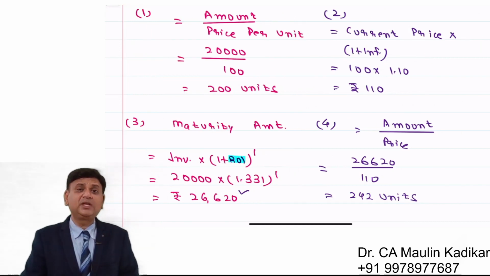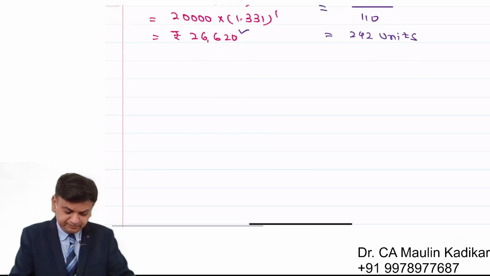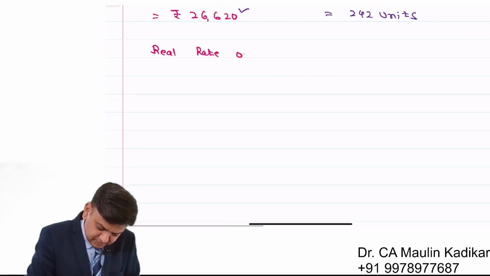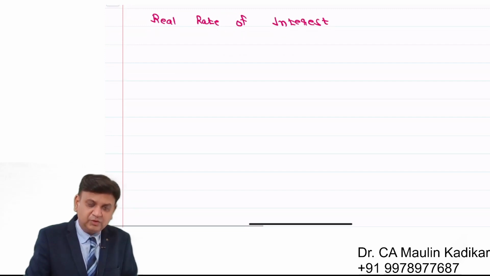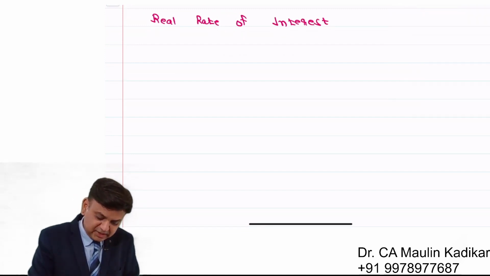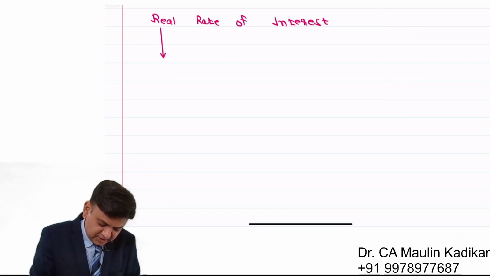I request all of you to pay attention. We are required to make the computation of real rate of interest. It means increase in the purchasing power of the funds is considered to be the real rate of interest.